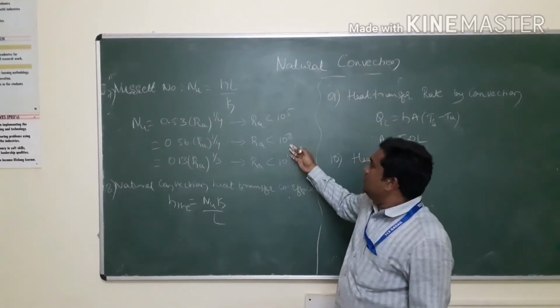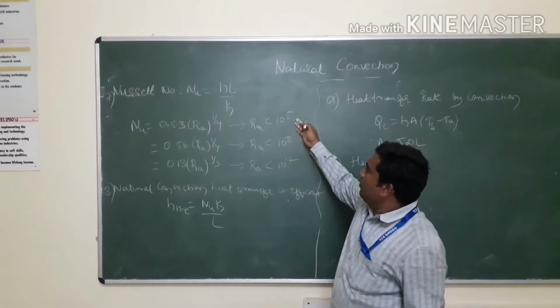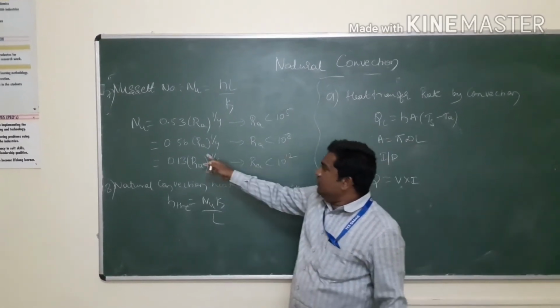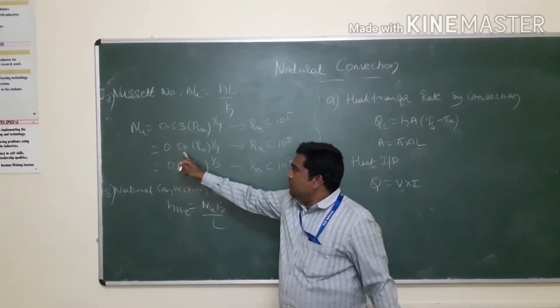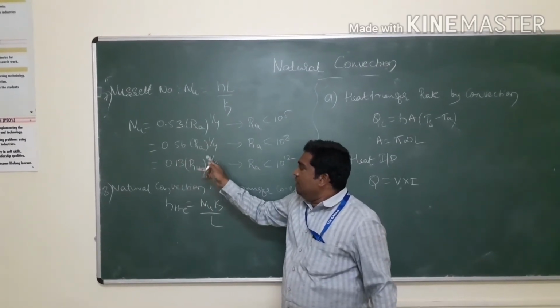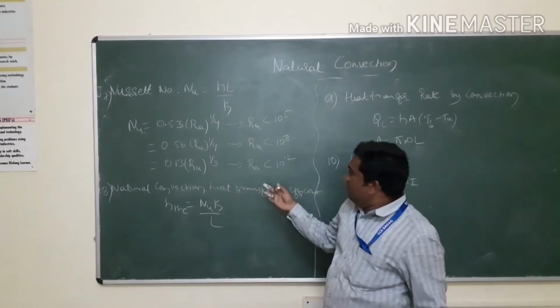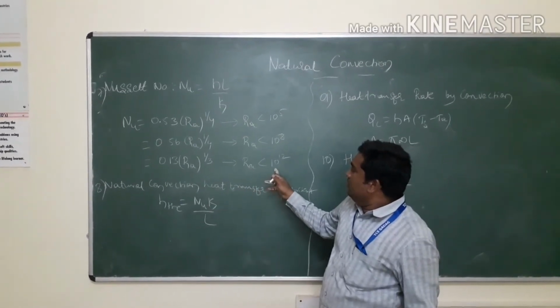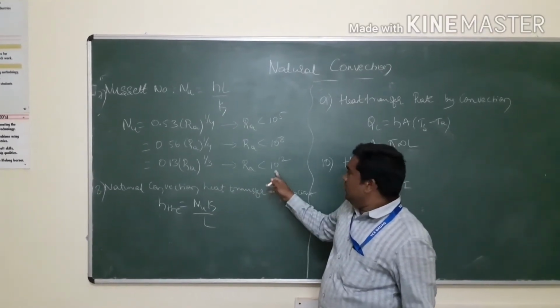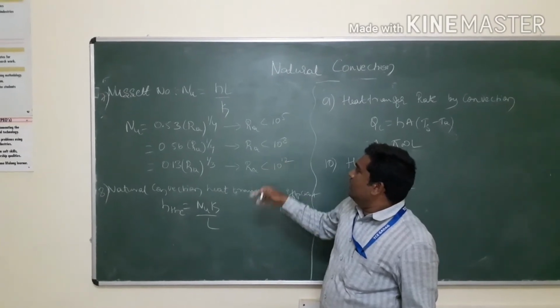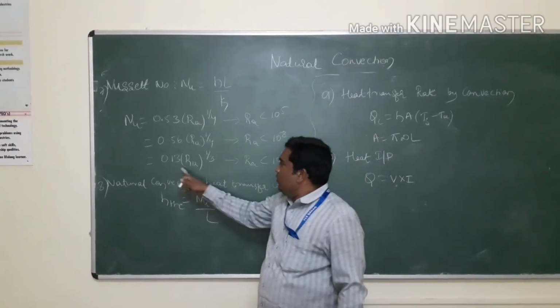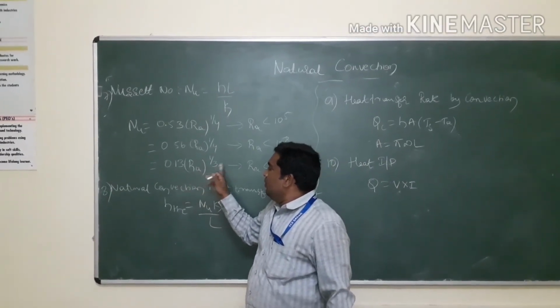Similarly, for a value between 10 to the power of 5 and 10 to the power of 8, the formula is 0.56 into Rayleigh number to the power of 1/4, and for a Rayleigh number greater than 10 to the power of 8 and less than 10 to the power of 12, it is 0.13 Ra to the power of 1/3.